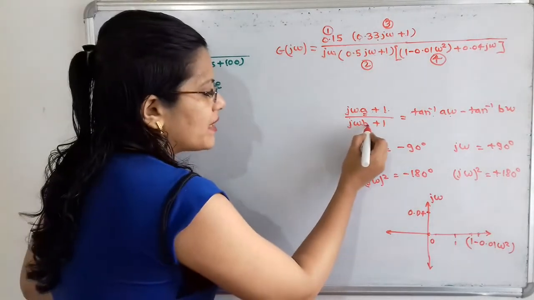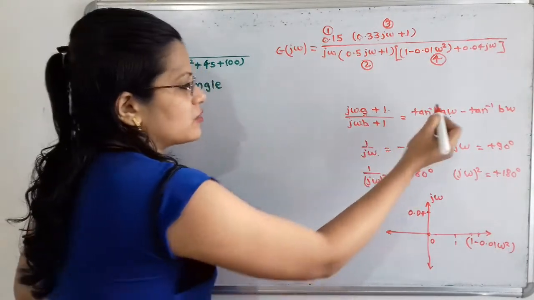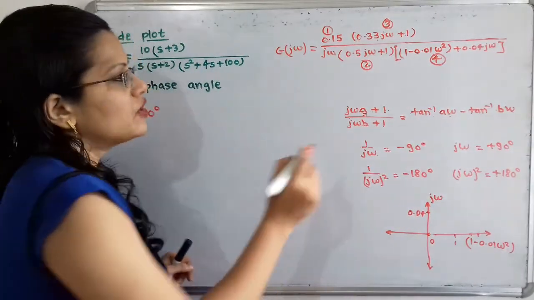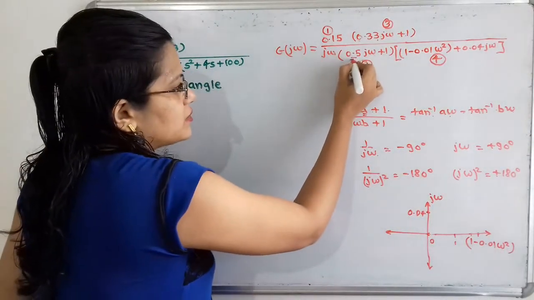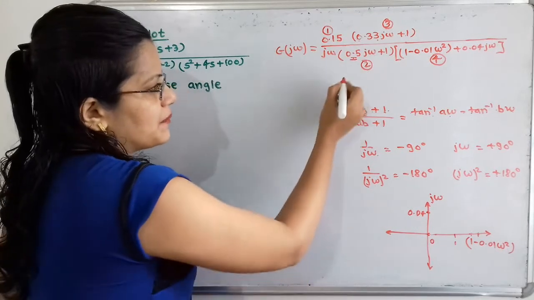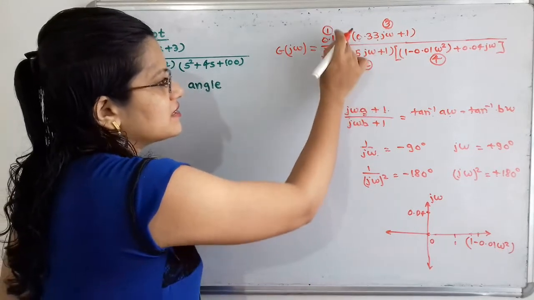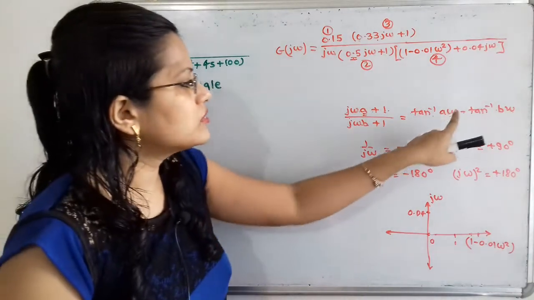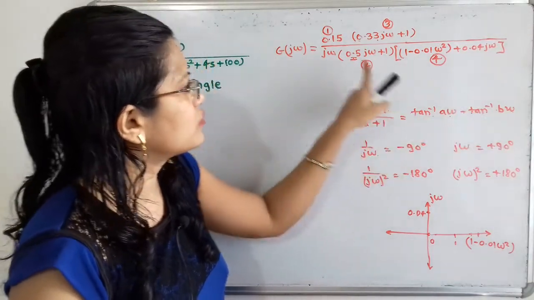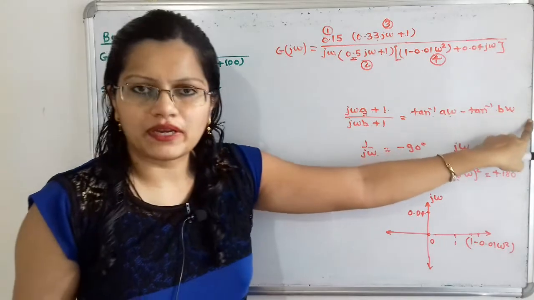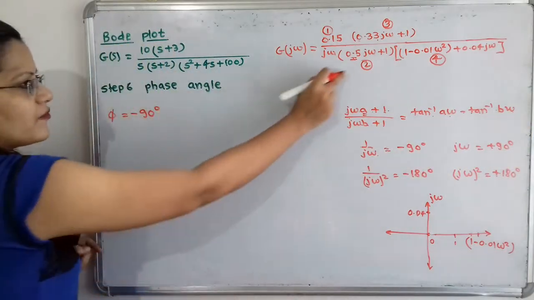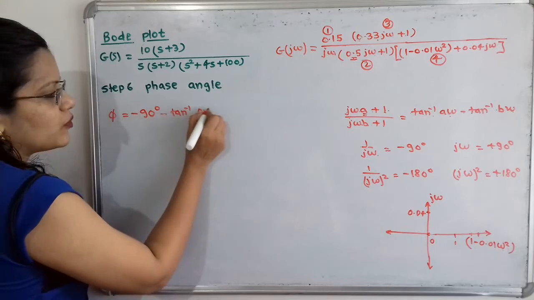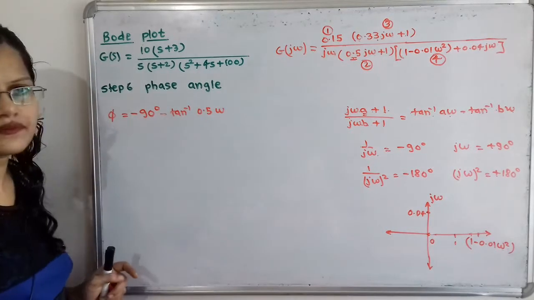And the j omega b term is in the denominator, so we take minus tan inverse of b omega. Here 0.5 is nothing but b. So this second term is in the denominator, and we write minus tan inverse of 0.5 omega.